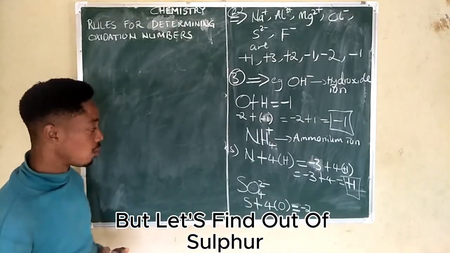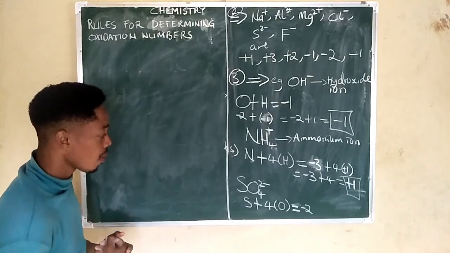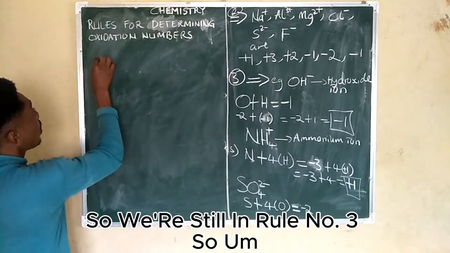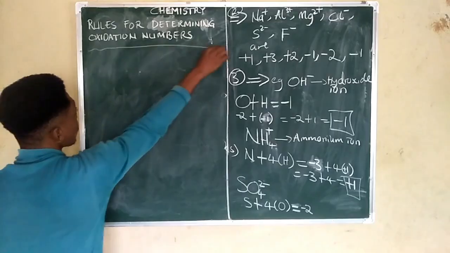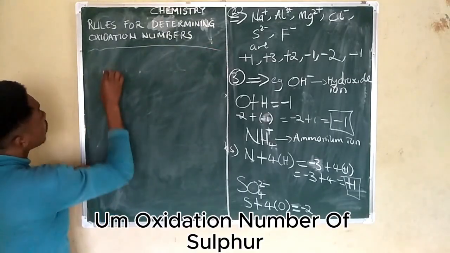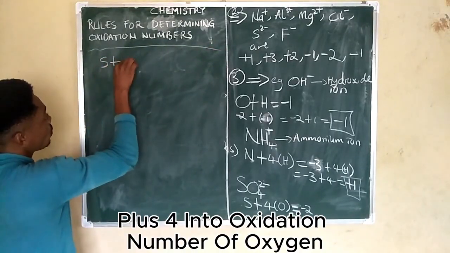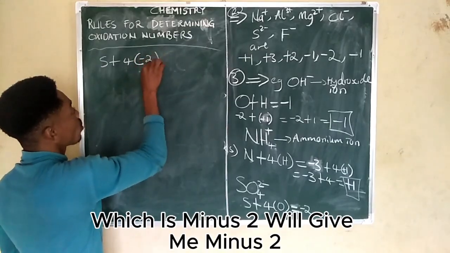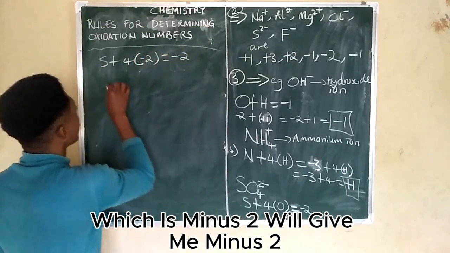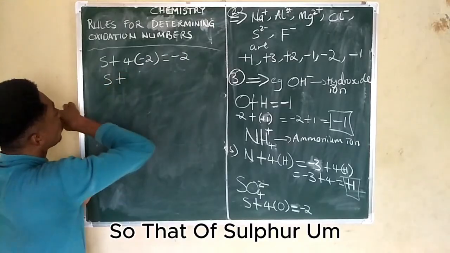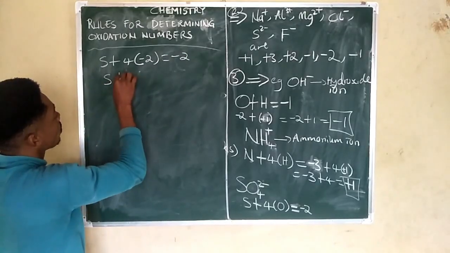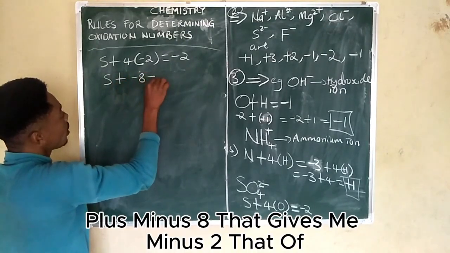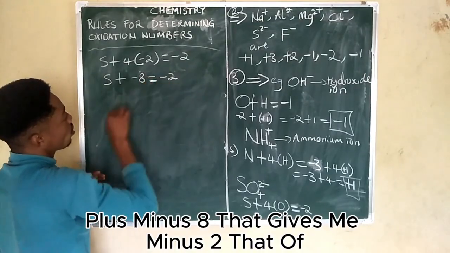But let's find out that of sulfur. I don't know the oxidation number of sulfur, so we're still in rule number 3. The oxidation number of sulfur plus 4 into the oxidation number of oxygen, which is minus 2, will give me minus 2. So that of sulfur plus minus 8 gives me minus 2.